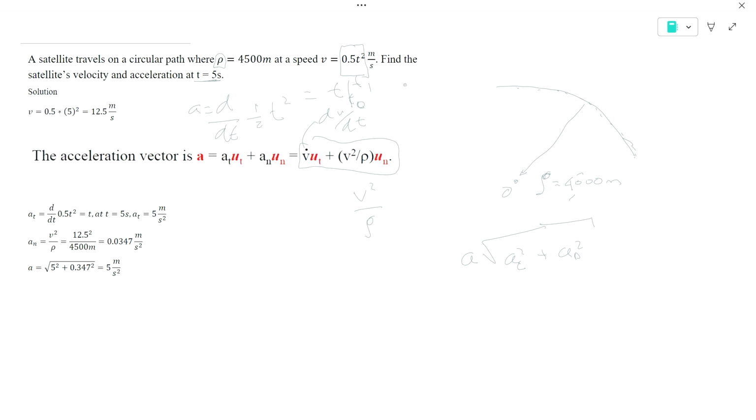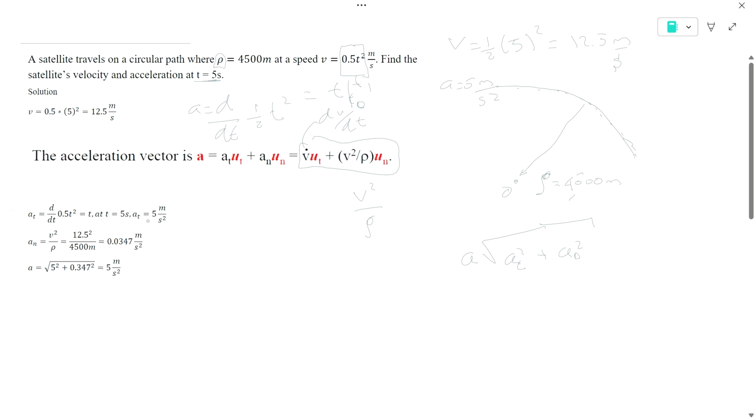So 1/2 t squared is the velocity, and the acceleration is t. For the velocity, it's 1/2 of the time squared. If it's 1 second, 10 seconds, or 5 seconds in this case, we're going to have 1/2 of 25, which is 12.5 meters per second. The acceleration is simply the time, in this case 5 meters per second squared.